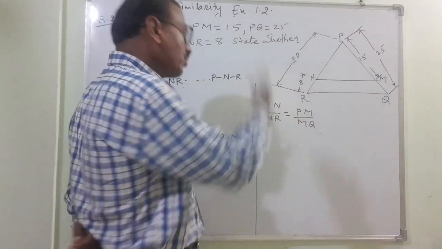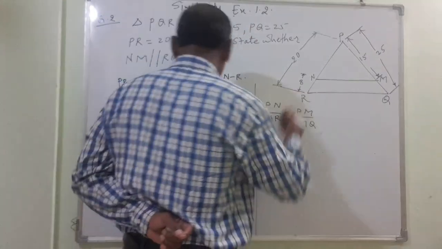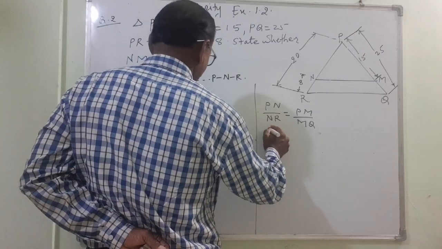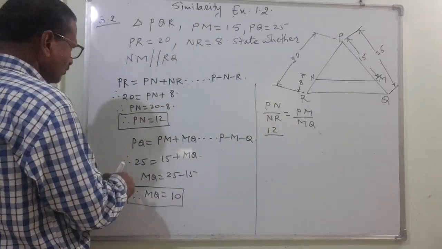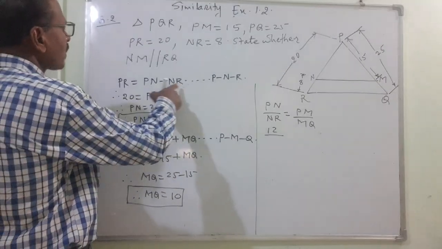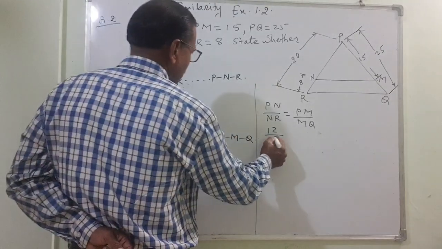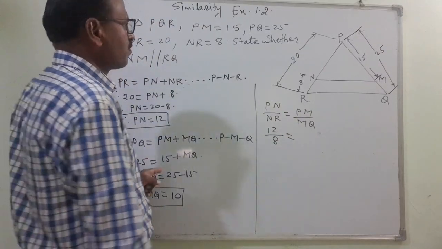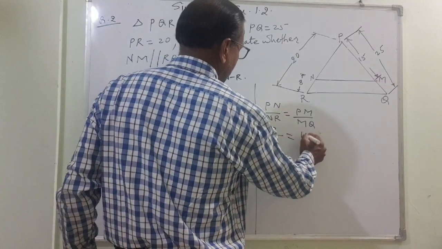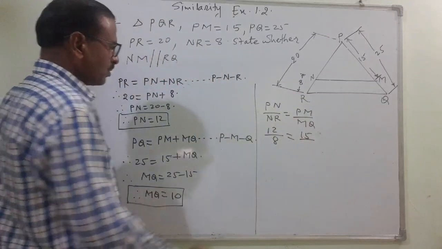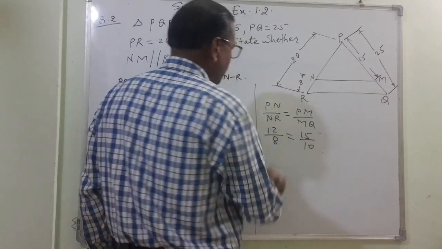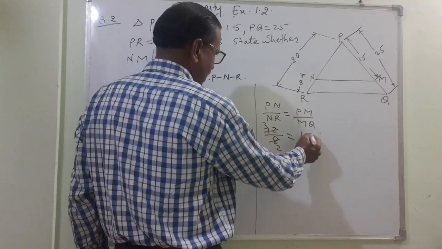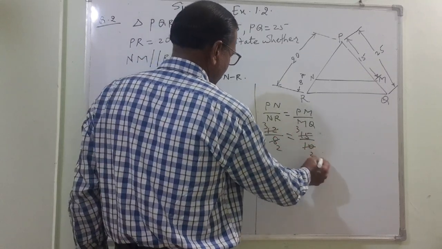And they go on doing: PN is 12 upon NR is 8 is equal to PM, 15, upon MQ, 10. 4 threes are 12, 4 twos are 8; 5 threes are 15 and 5 twos are 10.